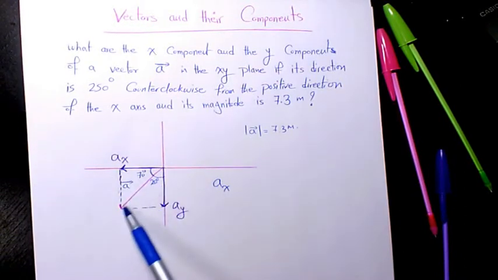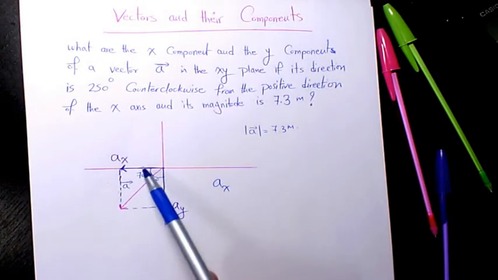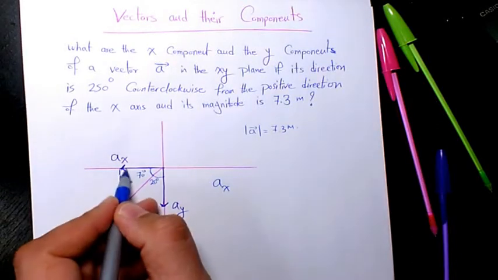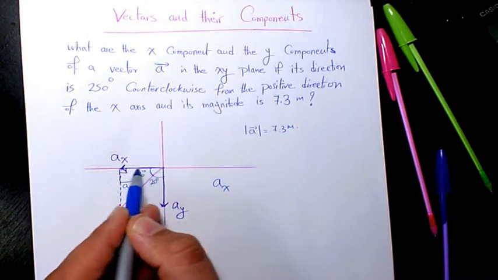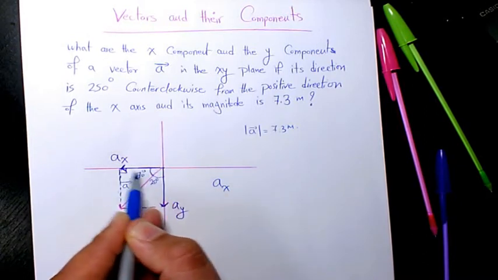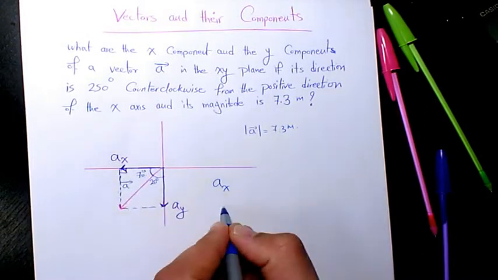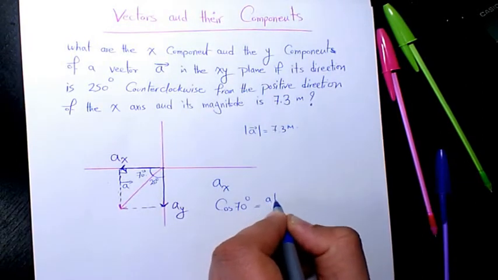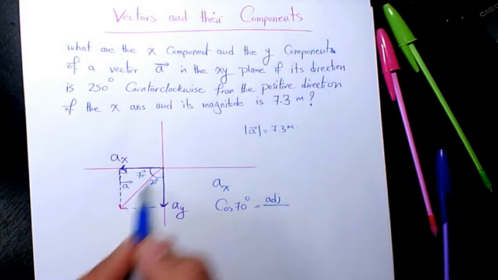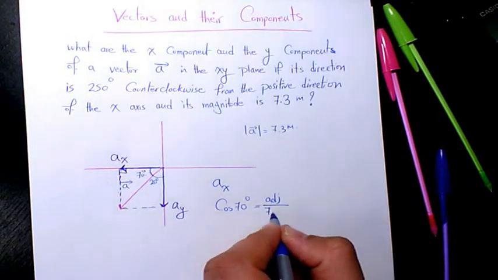The hypotenuse is the magnitude of this length, we have 70 degrees and we need to find the adjacent to this 70 degrees. So we know cosine is adjacent over hypotenuse, and hypotenuse in this case is 7.3.